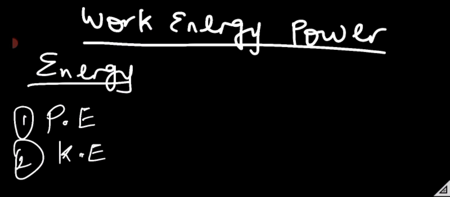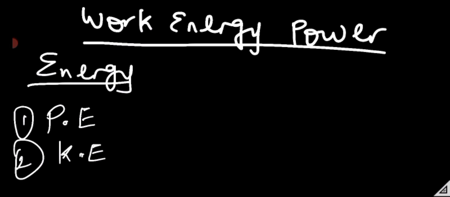So, for example, let's say a coconut is on the tree, above the ground. That coconut hasn't fallen down, but when it falls, it can be able to do something. Maybe it can hit your head and you will feel the pain. Are you getting it now? The energy of that coconut, due to its height, is called potential energy.